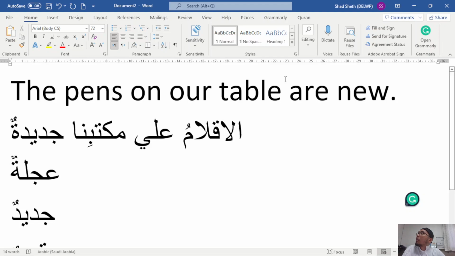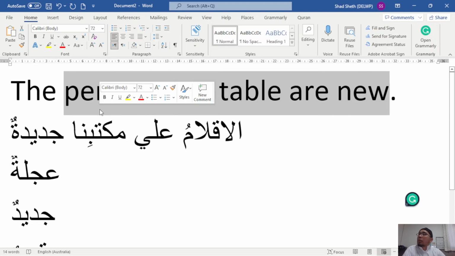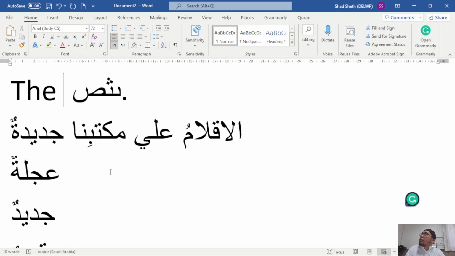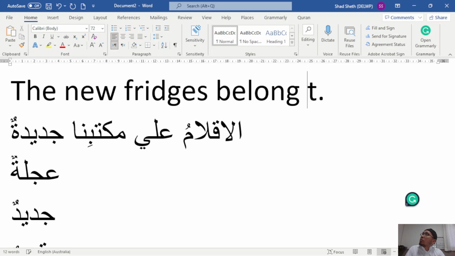The new fridges belong to the merchants.